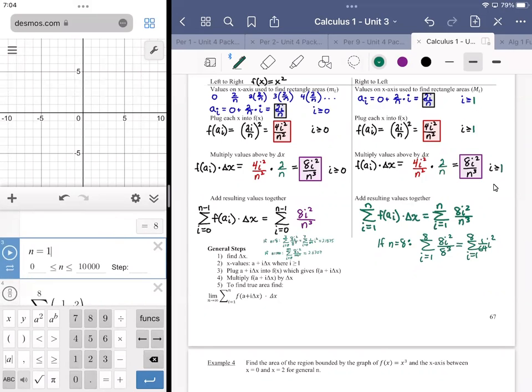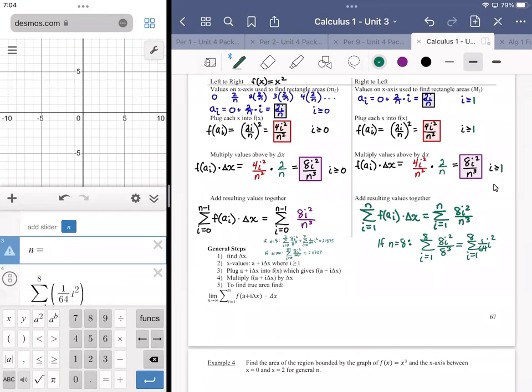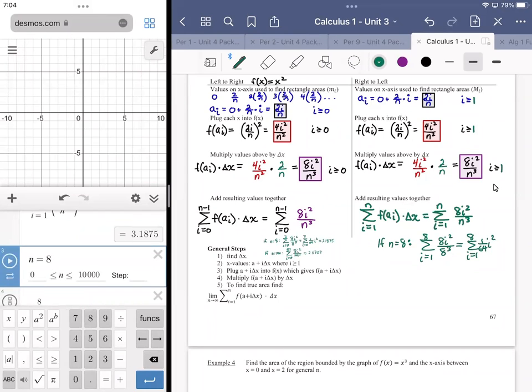But even before that, if I just did it for 8 rectangles, for n equals 8, 3.1875. All right. And we did it for 8 rectangles, but going from 0 to 7, it gave us the 2.1875. All right. So it's the same relationship. It just looks a little, well, a lot funkier.